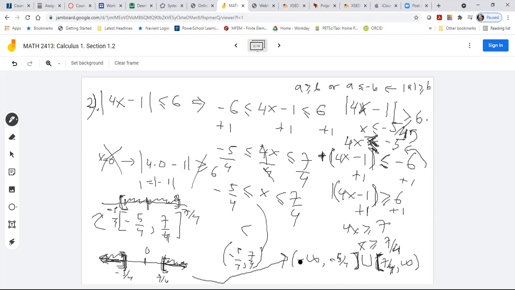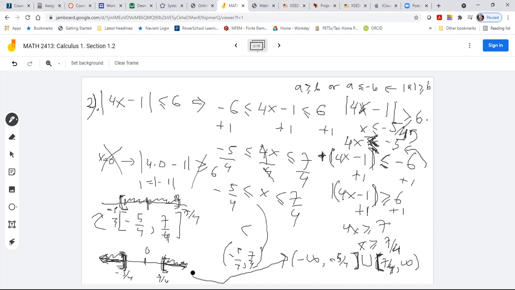Yes. So this one is always open for the infinity. But for this one it depends on if it's greater than or equal, using square bracket, but if it's only greater than or less than, you only use the parentheses. Okay. Yeah. And for the picture here, the same thing. You need to use a square bracket.